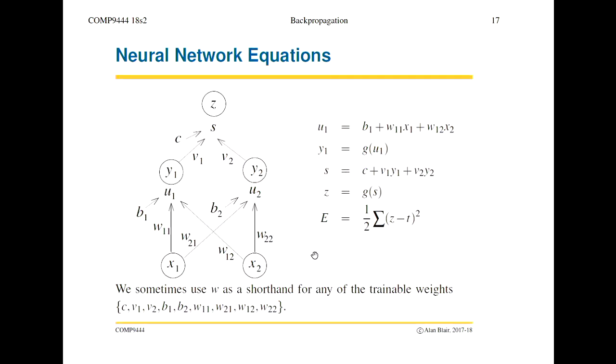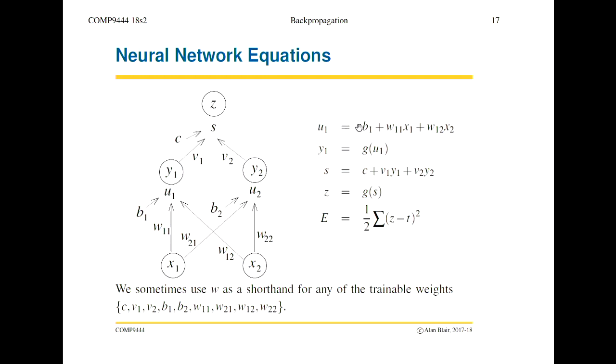Now let's write these equations. These are basically linear functions, but we've just introduced a few additional variables. We've got x1 and x2. This value here, u1, is a linear combination of x1 and x2 with its own bias, and u2 has its own bias.